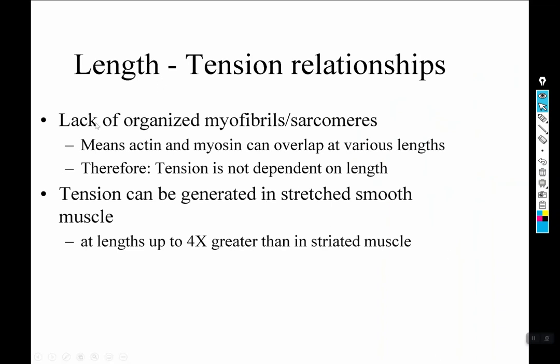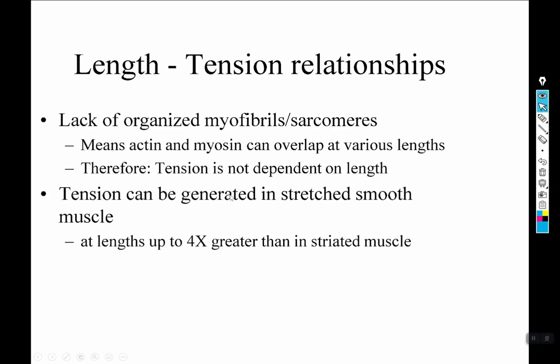Additionally, because of the lack of sarcomeres and repeating sarcomeres forming myofibrils, the overlap amount of actin and myosin within a single smooth muscle can vary within a cell. So that means that tension is not length dependent, and that creates additional flexibility in how smooth muscle actually contracts.